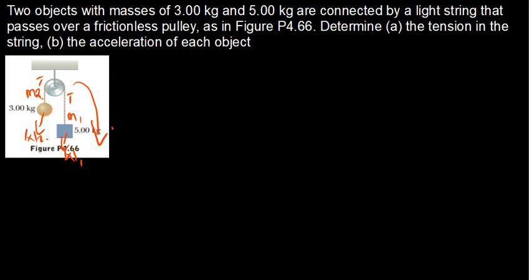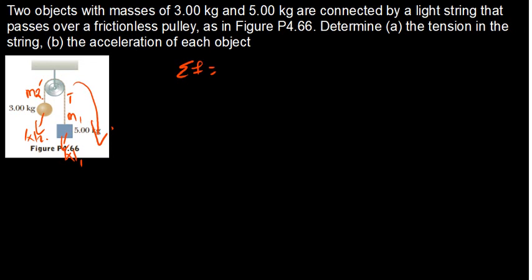Okay, so now we need to understand to say if we calculate the weight of M1 and M2, we're going to discover that the weight of block 1 is going to be greater than the weight of what? Block 2. Therefore, the system is going to move in this direction. Okay, so if the system is going to move in that direction, then we can assume to say the sum of all the forces is going to be equal to the force that makes the whole system to come down.